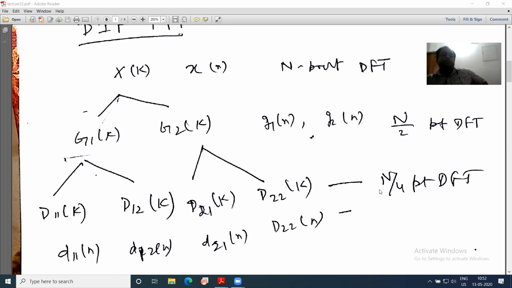Only difference is in decimation in time, the odd even decomposition or decimation is carried out in time domain, and in DIF that decomposition of odd even is carried out in frequency domain. These are the two fundamental differences, and that gives the skeleton of the two algorithms. By nature, what is the difference? Agreed? Any doubt in that?